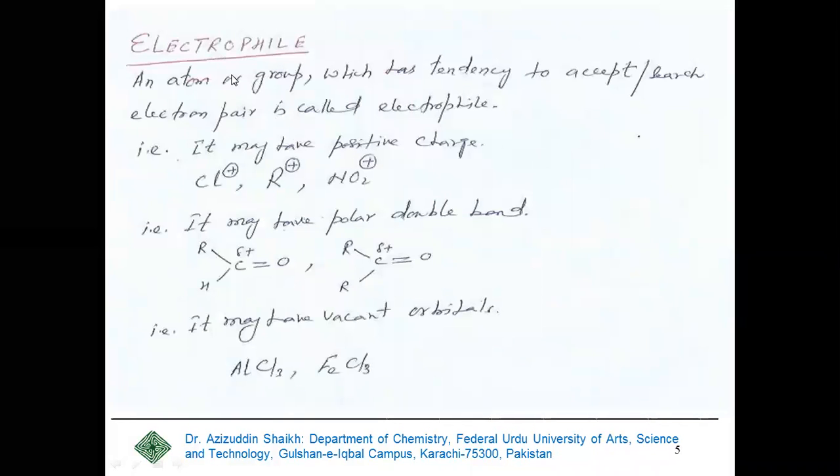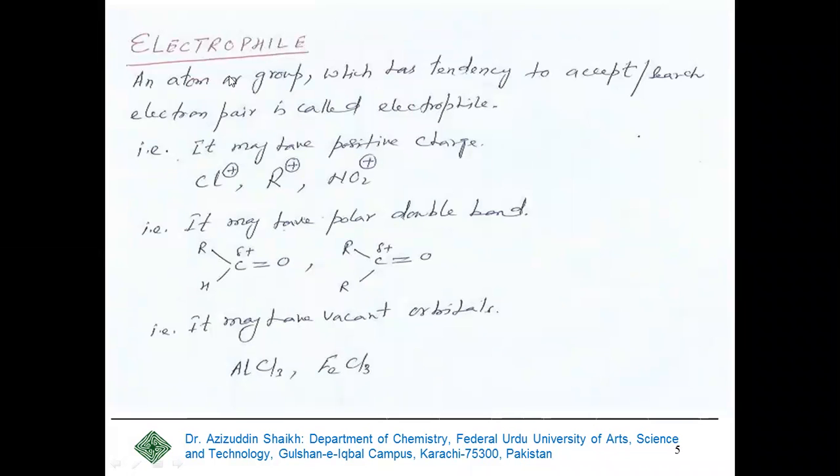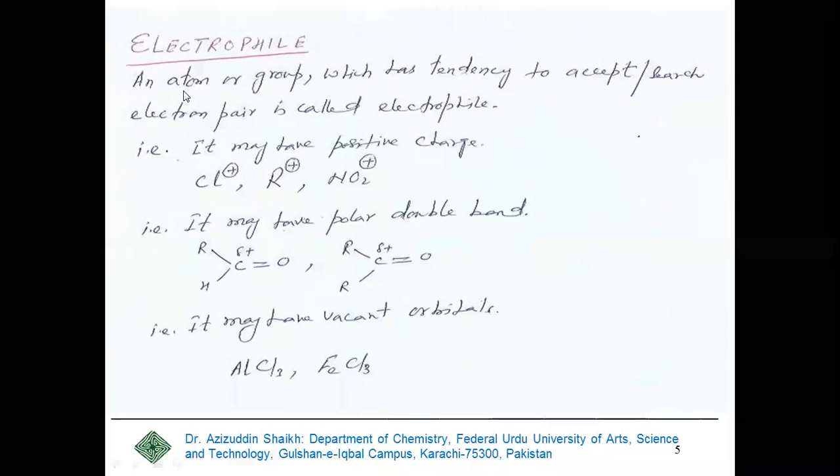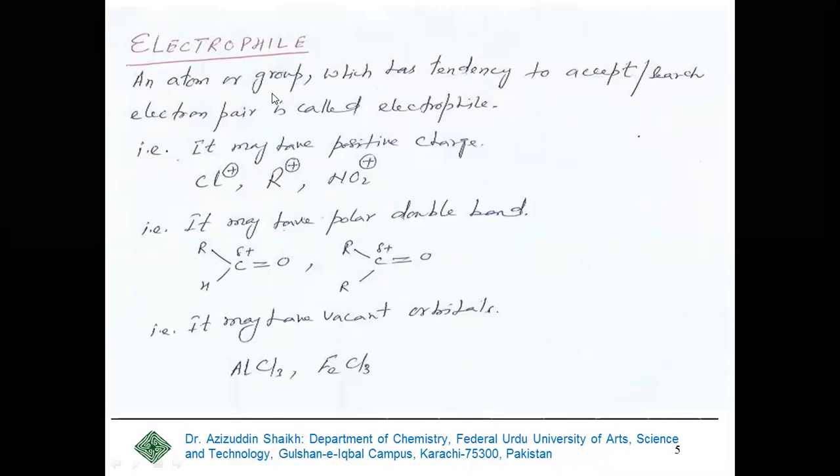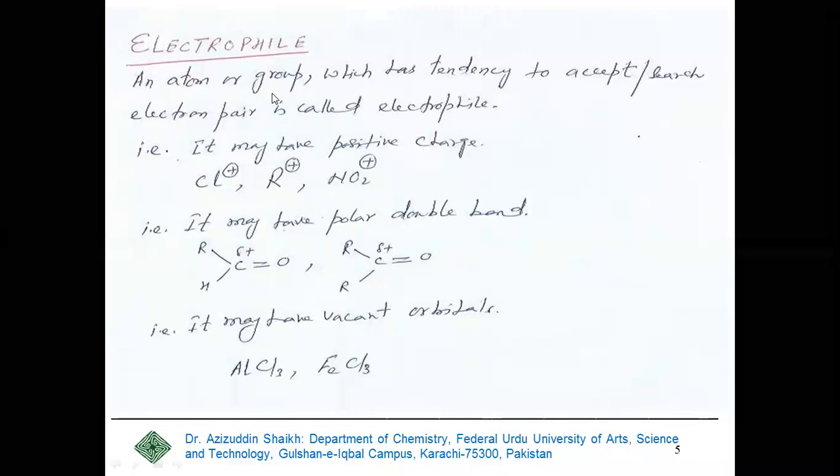Now the concept of electrophile and nucleophile should be clear. What is an electrophile? It may be one atom or a group of atoms. For example, oxygen has a negative charge. OH minus has a negative charge.